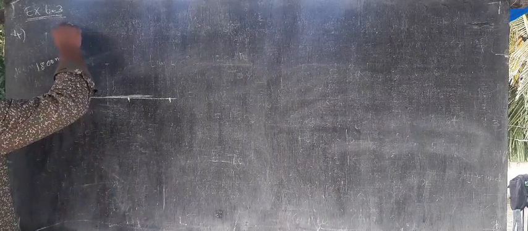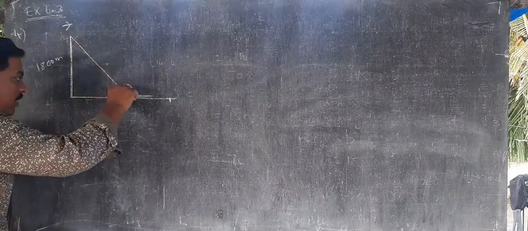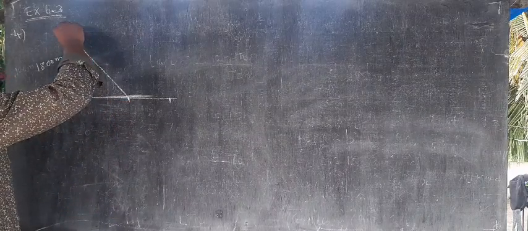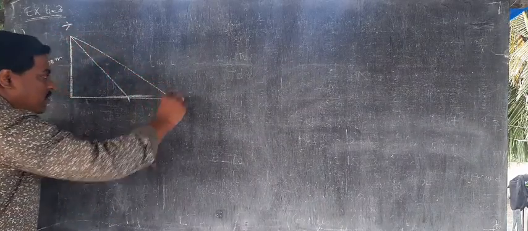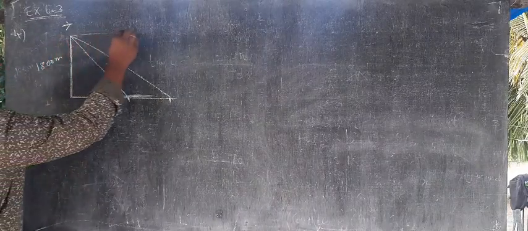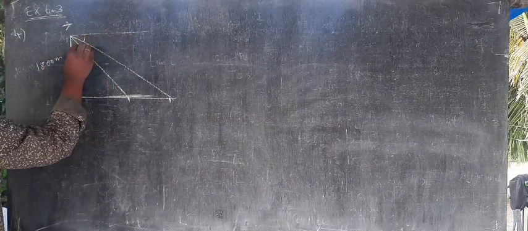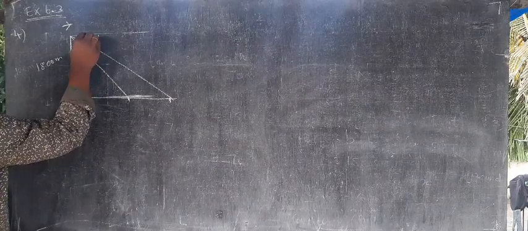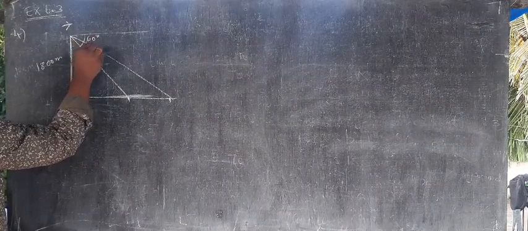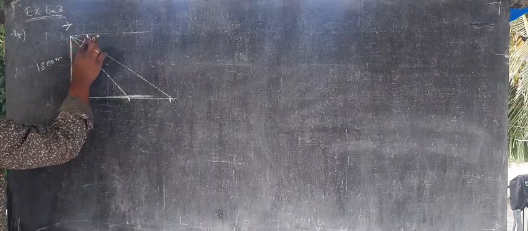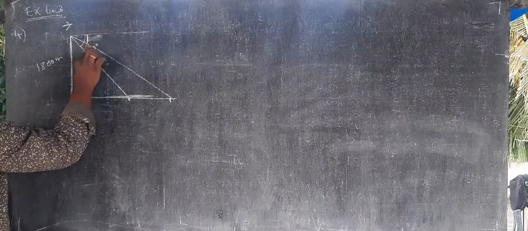From this aeroplane they are seeing the boat here, and they are seeing the other boat also. So both are angles of depression. The first boat they are seeing at 60 degrees, the second boat at 30 degrees.